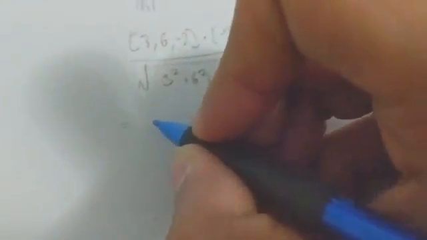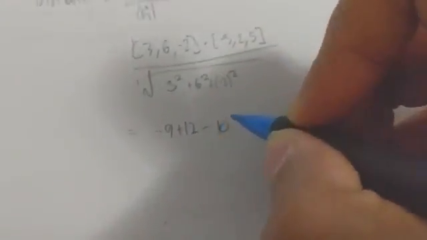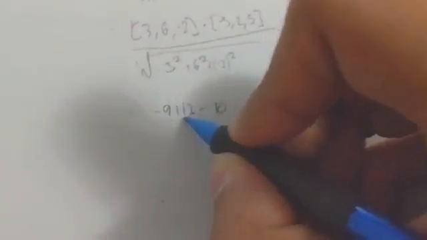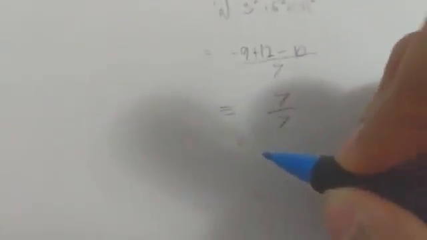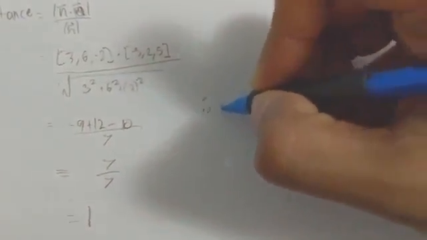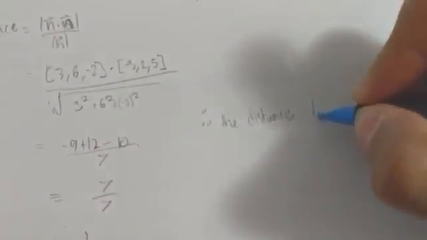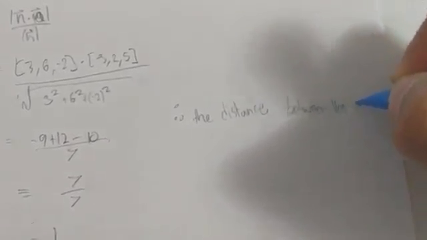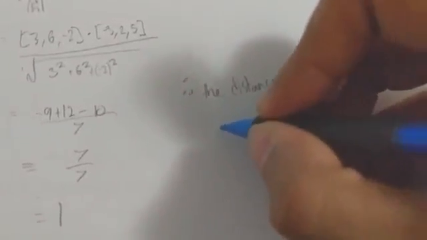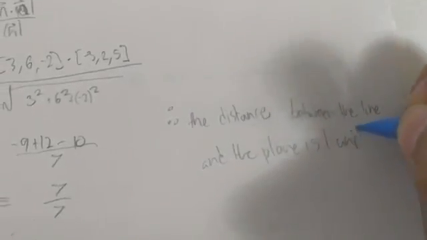And then that gives us negative 9 plus 12 minus 10 over 7, which is 7 over 7, and that's 1. Therefore, the distance between the line and the plane is 1 unit.